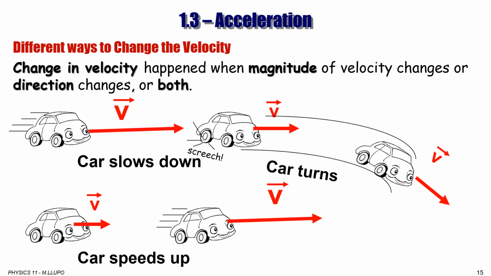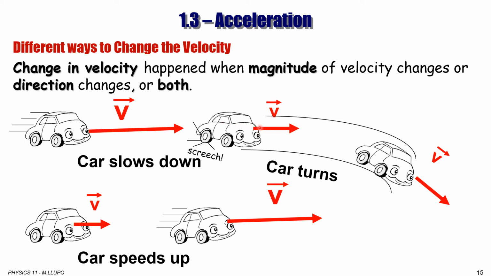Now, this diagram might look a little bit complex, but it shows the connection between the direction of the acceleration and the direction of the initial velocity. So how do you know what is going to happen? If you take a look, the initial velocity here is bigger than the final.